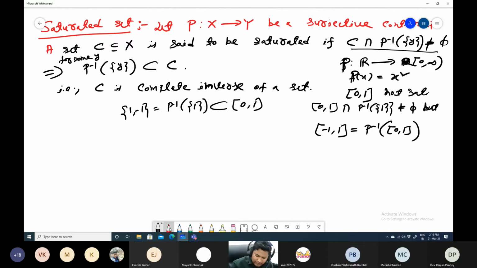So that means we have another definition of quotient map. Quotient map, another definition.